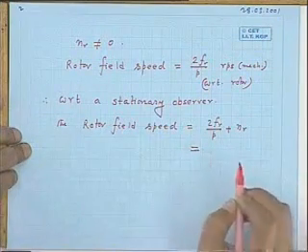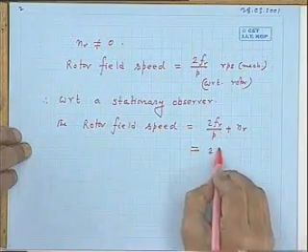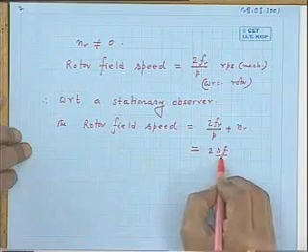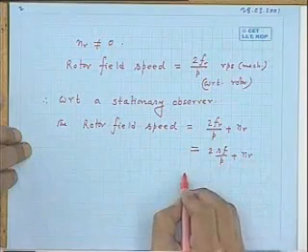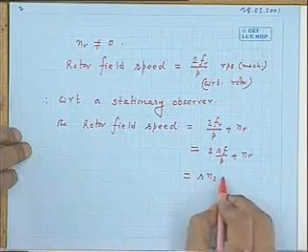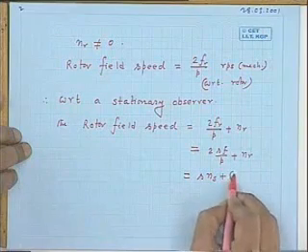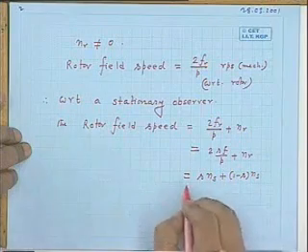If you calculate, how much will it become? You put for Fr 2SF by P, plus NR. 2F by P is NS. And NR is (1 minus S) into NS.